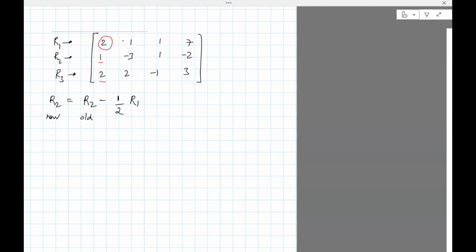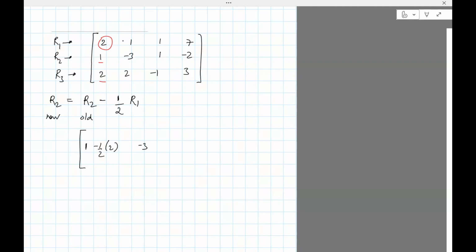So usually I will just do both steps to eliminate 1 and eliminate 2, but here I will break it into 2 so that you'll see how it goes. So if I do this, I'm just going to do this operation, write it down there so you see step by step. Row 2 is 1, the old one, minus half of row 1, which is 2.